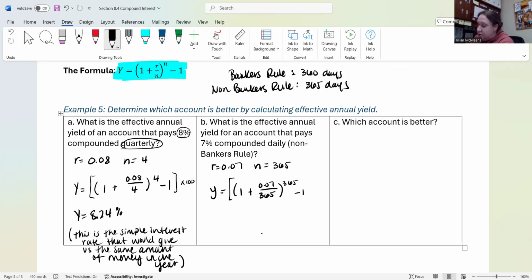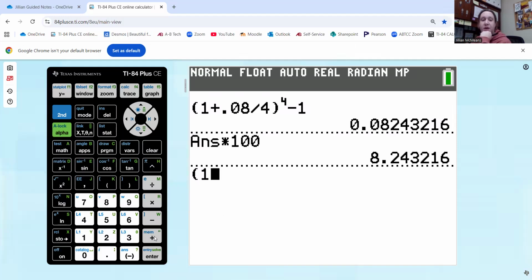And then again, sometimes you'll see books take this whole answer and then multiply it by 100. That's fine by me. So let's see what y equals. On the calculator, we take in parentheses 1 plus 0.07 divided by 365 raised to the 365 power.